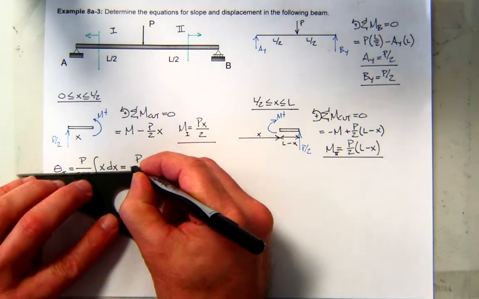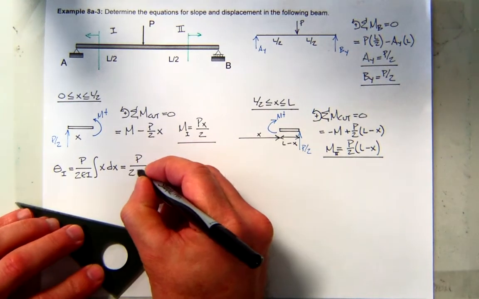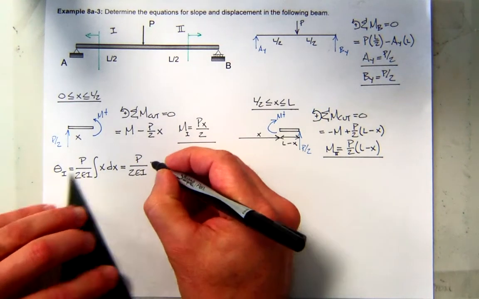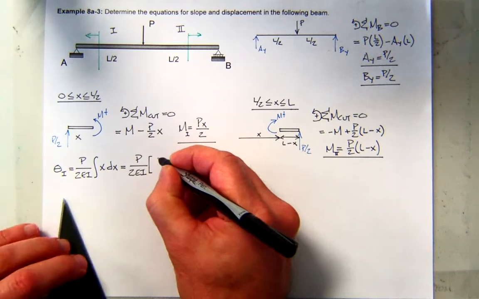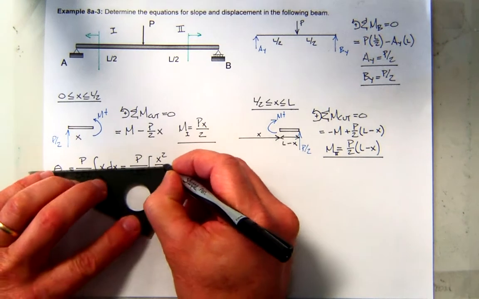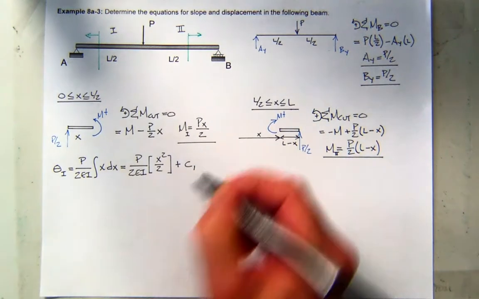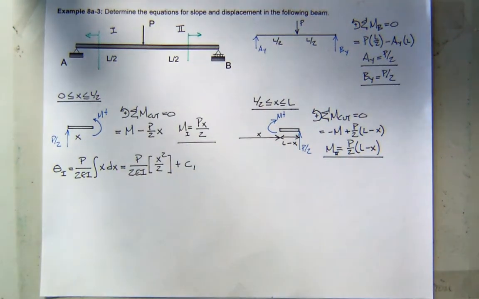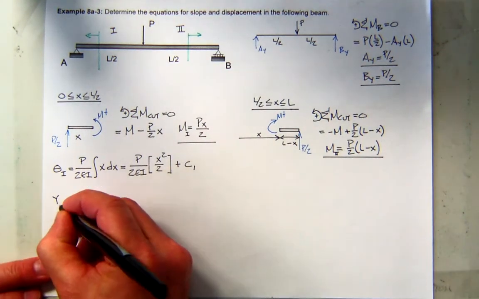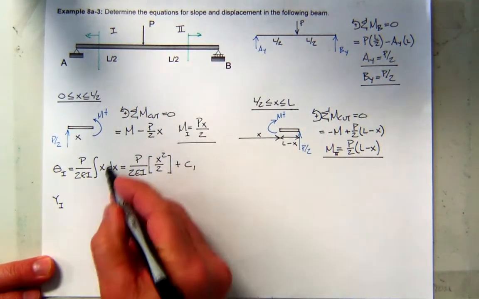So that's just going to be P over 2EI times x squared over 2, plus my first integration constant, C1. And I can continue. I know that the displacement in region 1 will be integrating the slope.